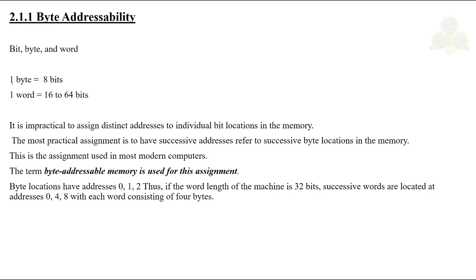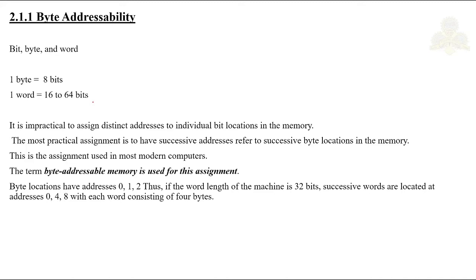We know that 1 byte is equal to 8 bits and one word equals 16 to 64 bits. It is not possible to address each and every individual bit location in the memory. So instead, successive addresses refer to successive byte locations in the memory.